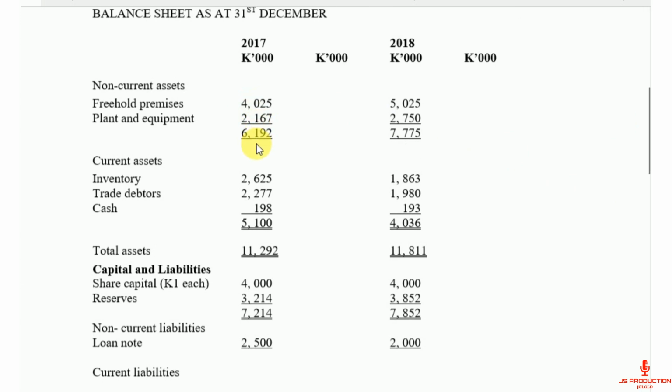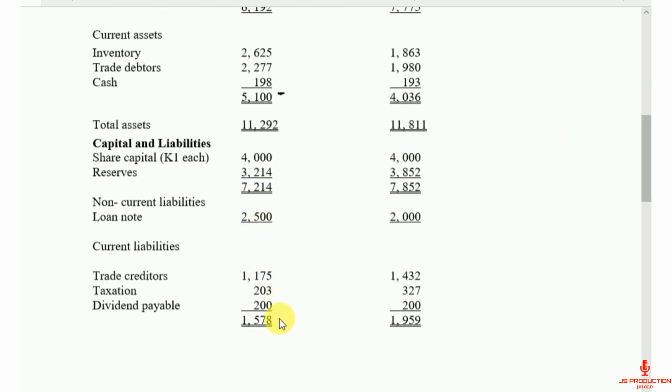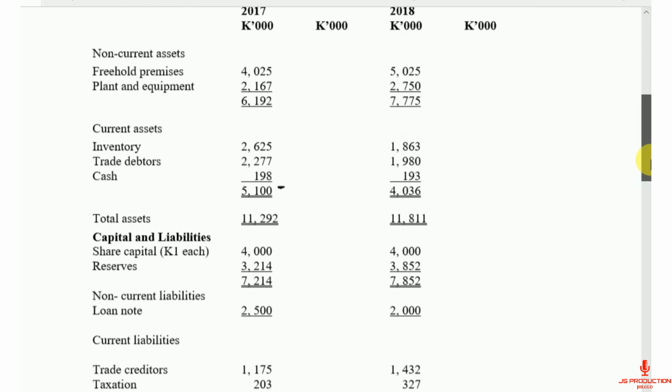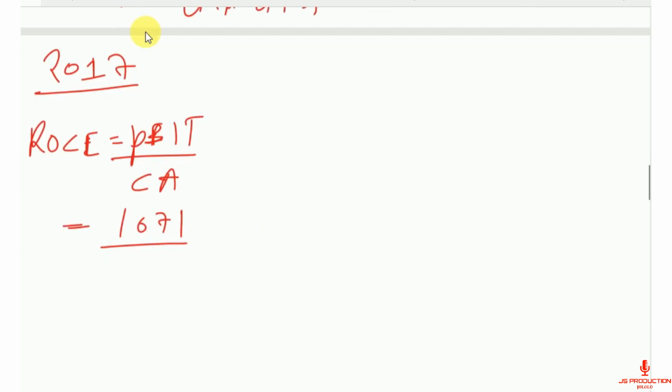From this we know our current assets, 5,100, minus our current liabilities, which is 1,578. After getting your answer, that will be your working capital. Then you add it to your fixed assets, which is 6,192.